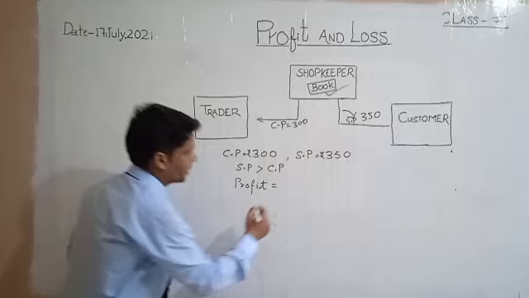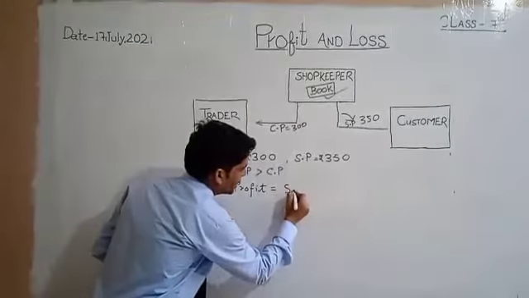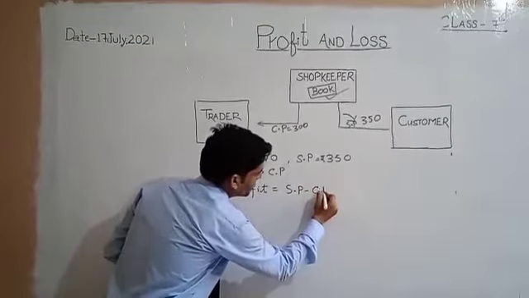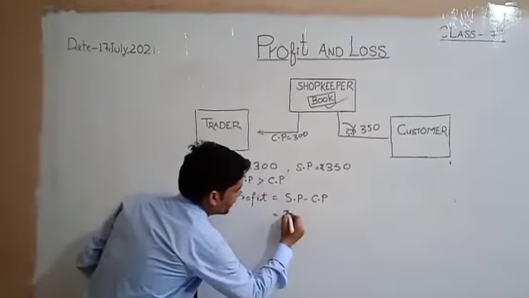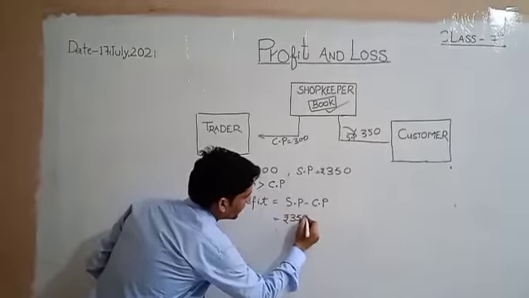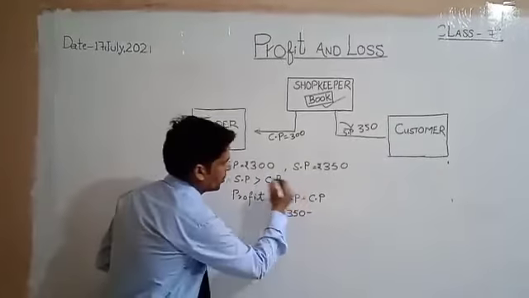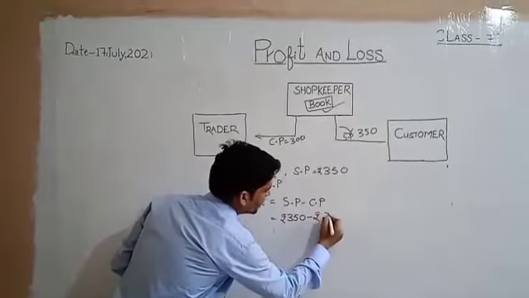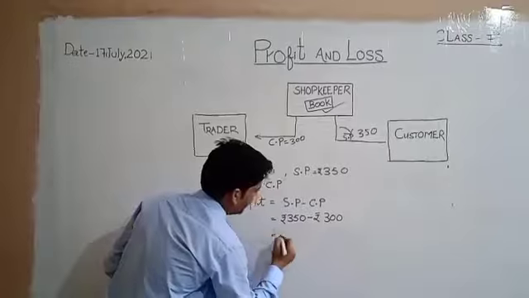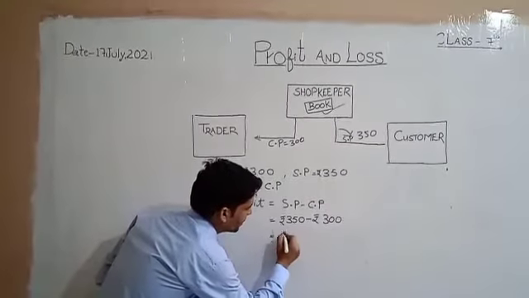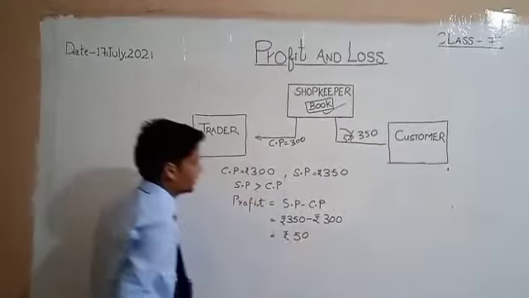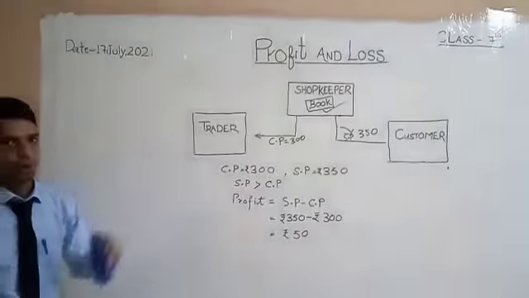What is the profit? How is it calculated? Selling price minus cost price. Selling price is rupees 350 minus cost price rupees 300. It comes 350 minus 300, that is rupees 50. 50 is the profit of the shopkeeper.